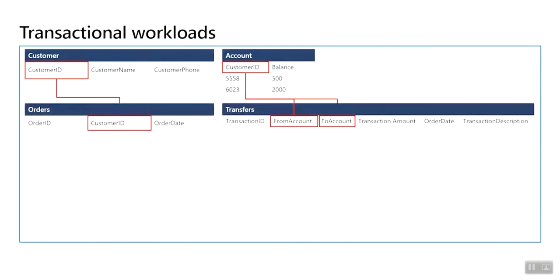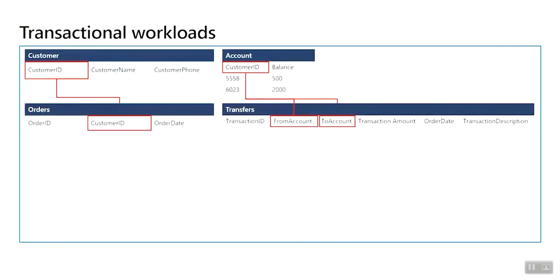Now, transactional systems are often quite high volume. Sometimes they can handle millions of transactions in a single day. And so the data being processed needs to be accessible very, very quickly. So the work performed by a transactional system is often referred to as an online transactional processing system, or an OLTP system.